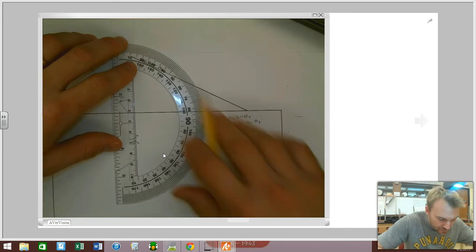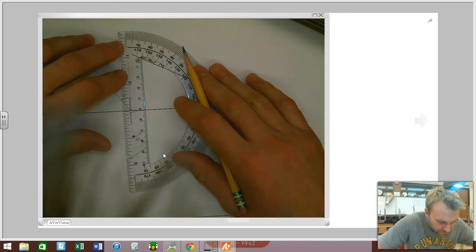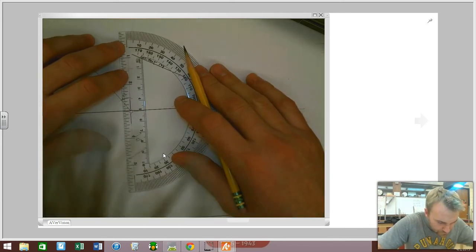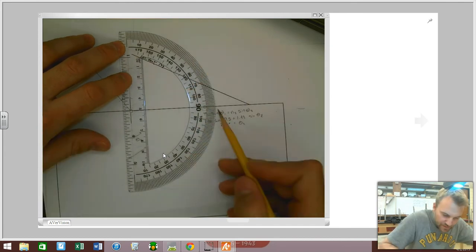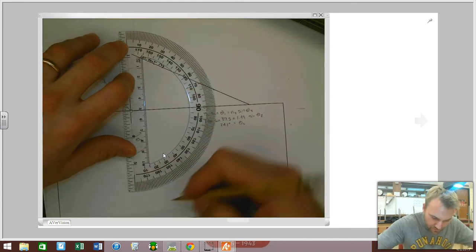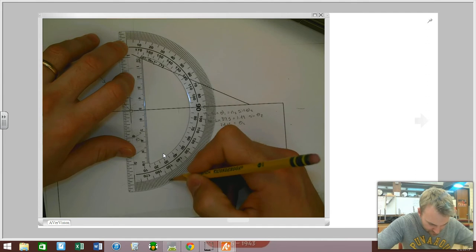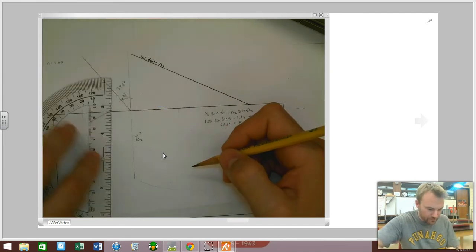Then I have to accurately use my protractor again. Make sure of the 90, make sure this is here, 24.1. So here's 25, 24.1, right around there.